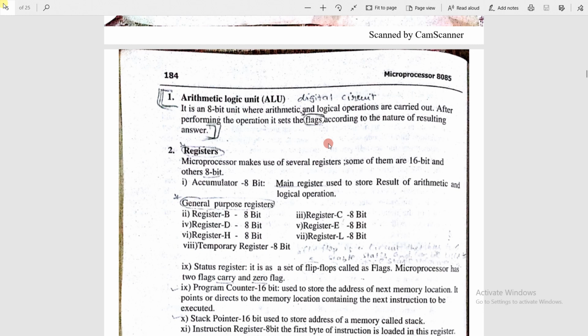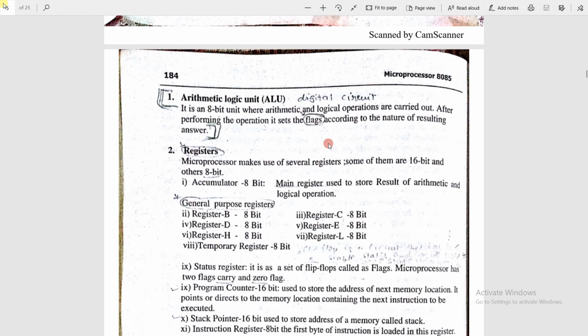What happens is, when your answer is 0 after performing a subtract operation, for example, then Z flag is set to 1, which tells the processor that the answer is 0. So depending on the operation, the processor sets the flag.